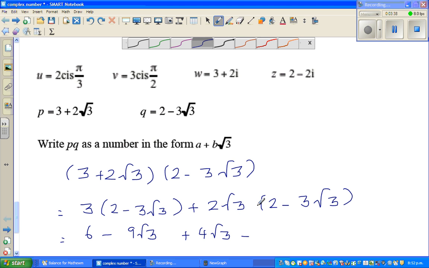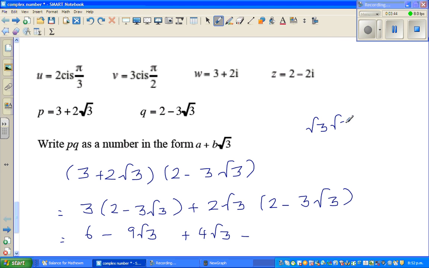So this is simple: 2 root 3 times 2 is 4 root 3. Now root 3 times root 3 is root 9, and root 9 is 3. So you're multiplying 2 times 3 is 6, and then root 3 times root 3 is 3, so this is 18.